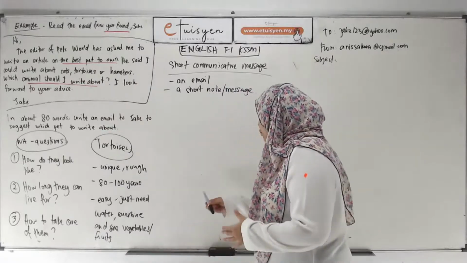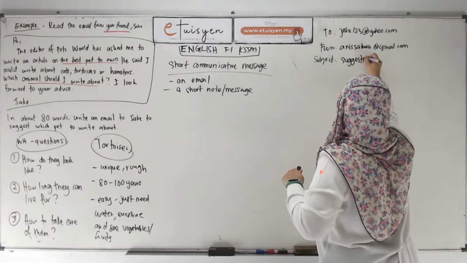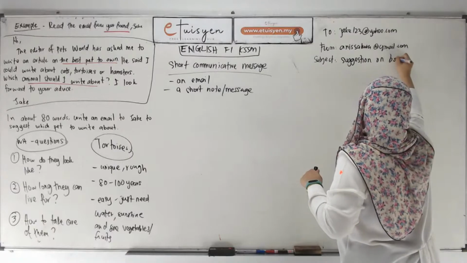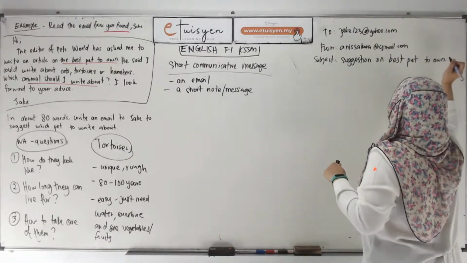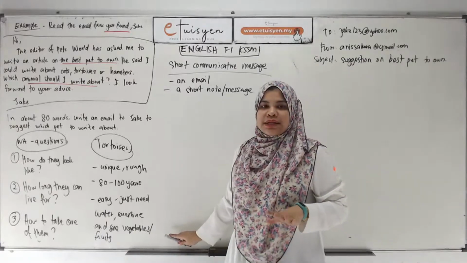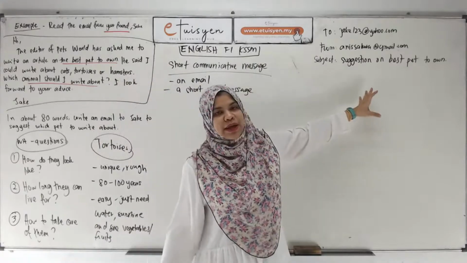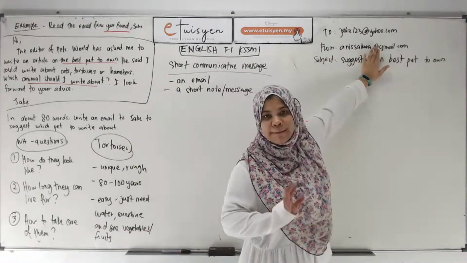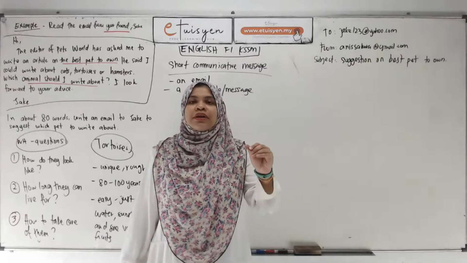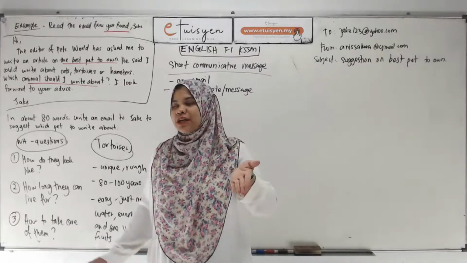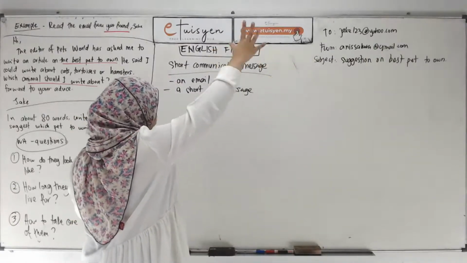So here what you can write is "Suggestion on best pet to own." As simple as that. The subject needs to be short. It can be "Suggestion on best pet to own" or just "Best pet to own", as long as it's about the email that's going to be written to Jake. Okay, so that is for the first part.